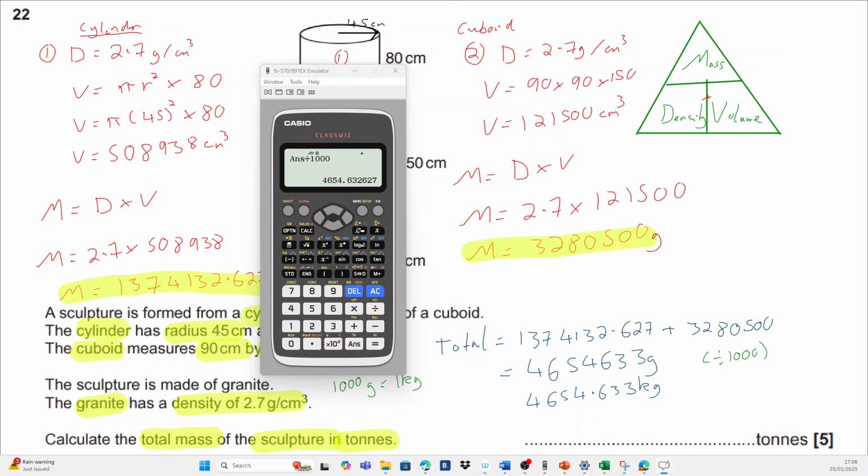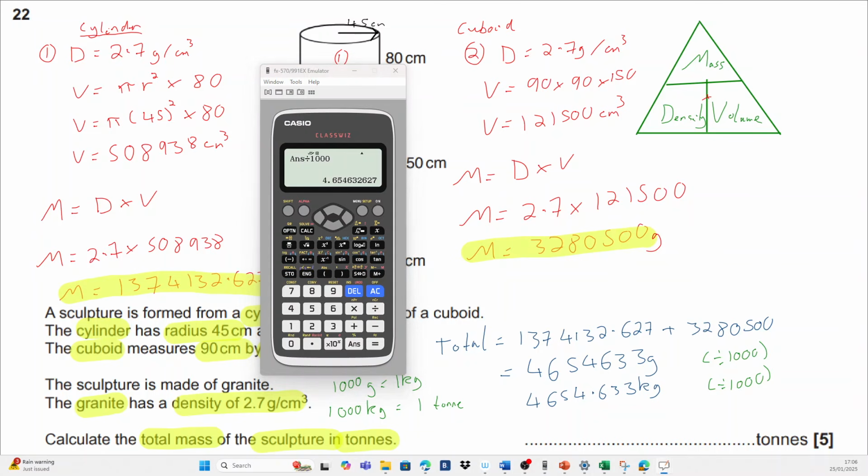Right, you want tons, and then finally you need to know that 1,000 kilograms is equal to 1 ton. So you've got to actually go and divide by 1,000 again because you've got kilograms and you want it to be as a ton. So divide this number again. I'll go and press divide by 1,000 again, and you get this.